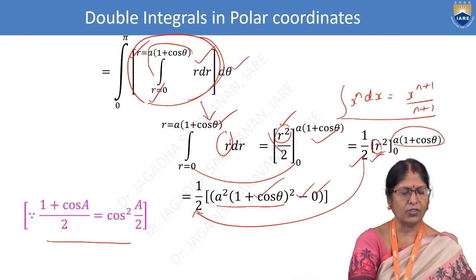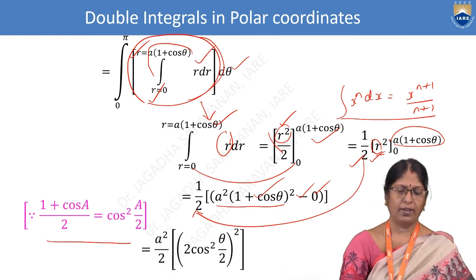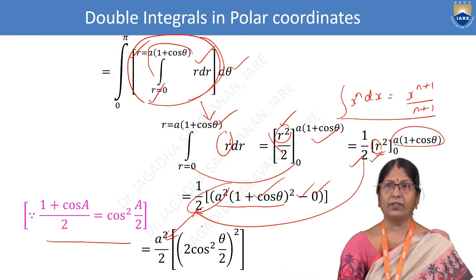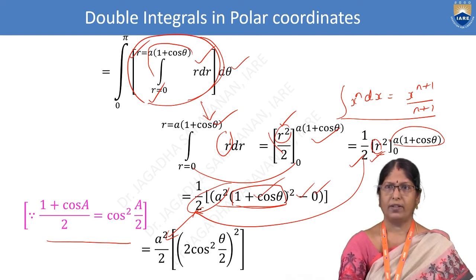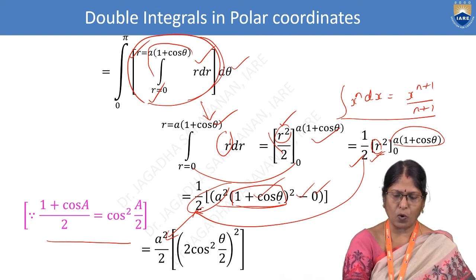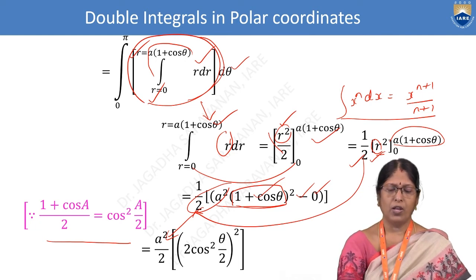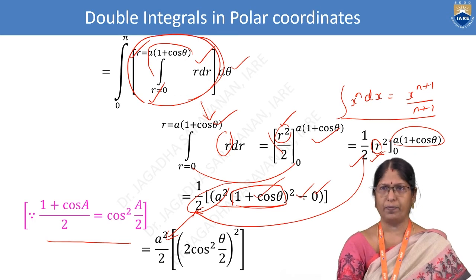Now 1 plus cos a by 2, the trigonometric formula we are taking. The reason is, this a square by 2 is written as it is. Here 1 plus cos theta the whole square is there. Just 1 plus cos theta is easy to integrate, but 1 plus cos theta the whole square is there.